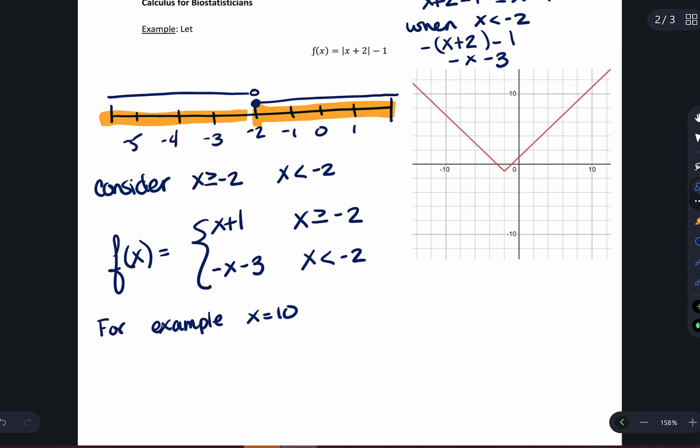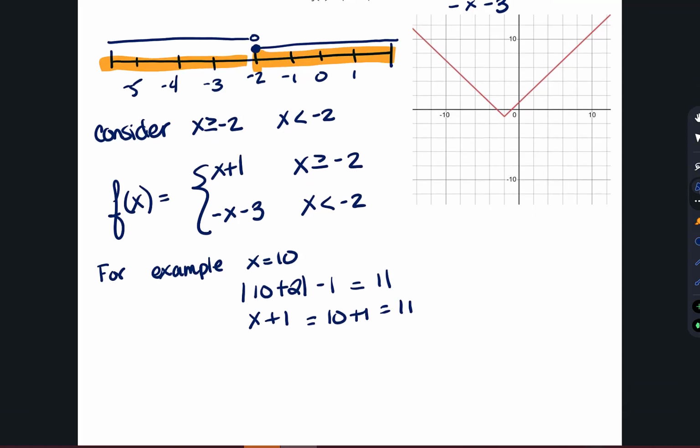So when x is equal to 10, we have the absolute value of 10 plus 2 minus 1. Well, that's going to be equal to 11. And then looking at the piecewise function, if x is equal to 10, it's greater than or equal to -2. So we would have x plus 1, which is equal to 10 plus 1, which is equal to 11.